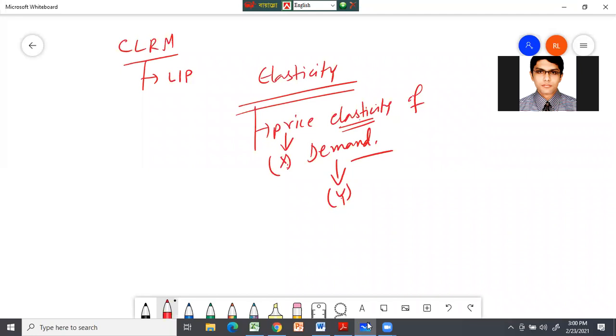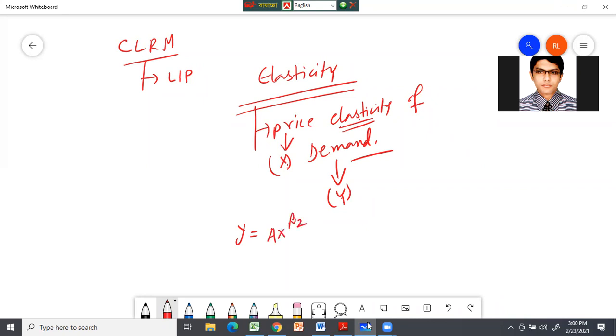So in that case, if we just look at the price elasticity of demand equation, it is given by Y equals A times X to the power beta 2.